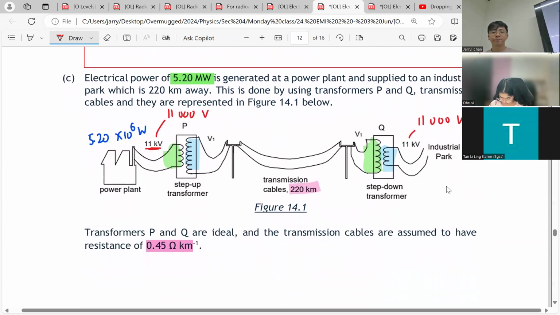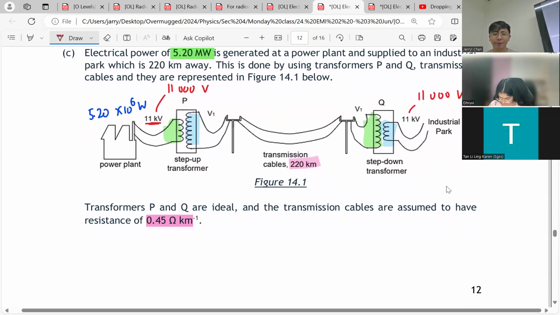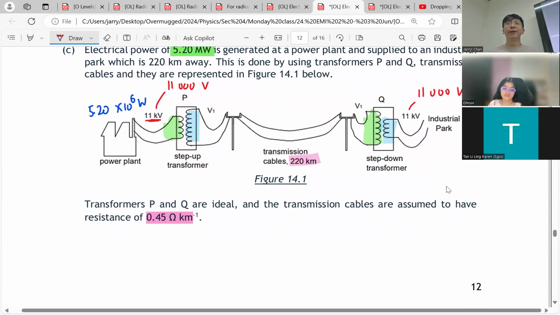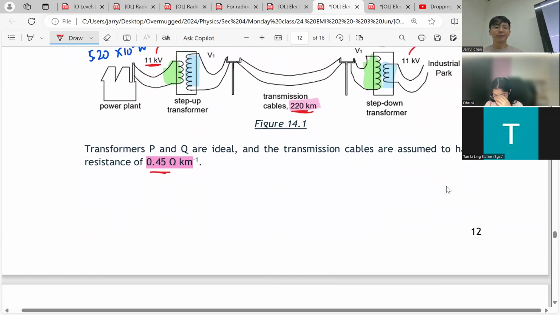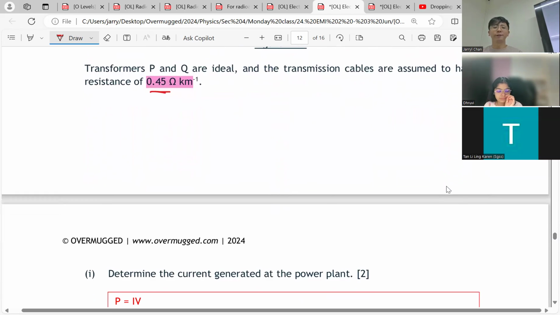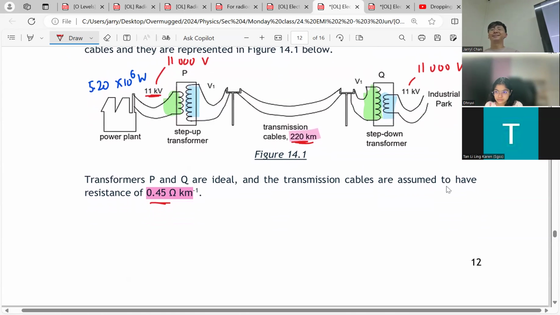This one is a bit more challenging because the transmission cable has resistance, 0.45 ohms per km. When I go over 220 km, you can imagine it will be a relatively large resistance. Let's take a look at C part 1: current generated at the power plant. I have power, I have voltage. Can I calculate current? Pretty easy.